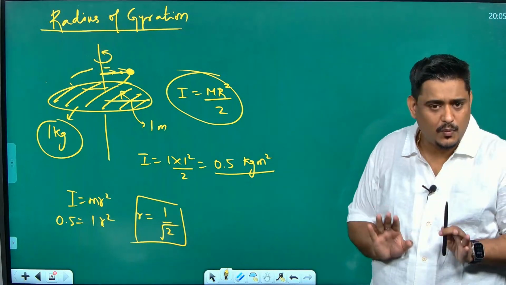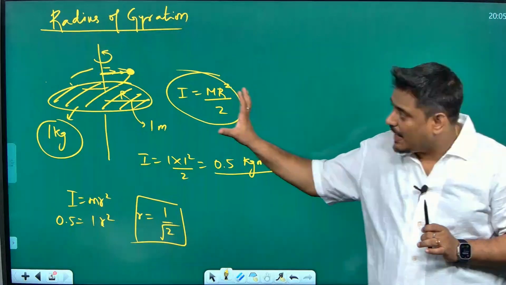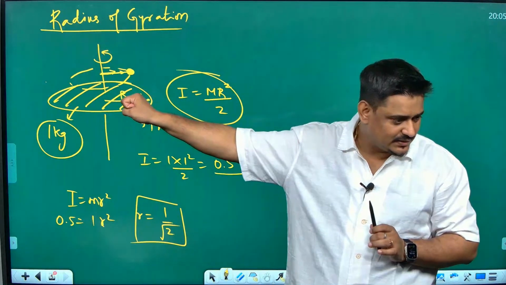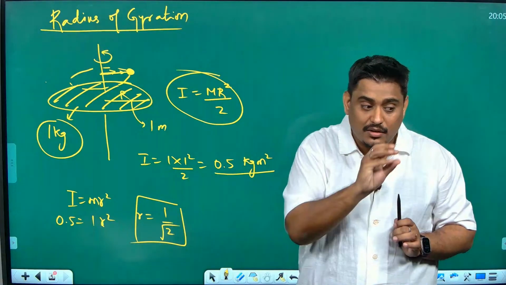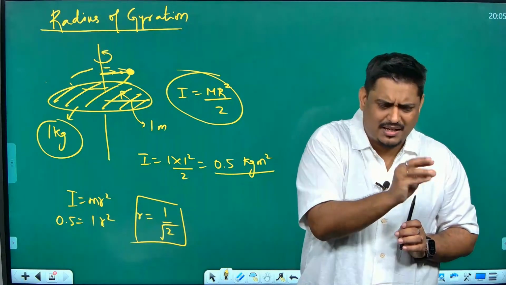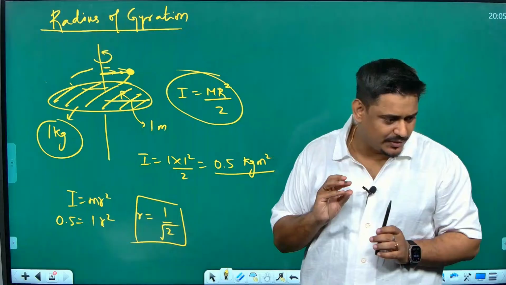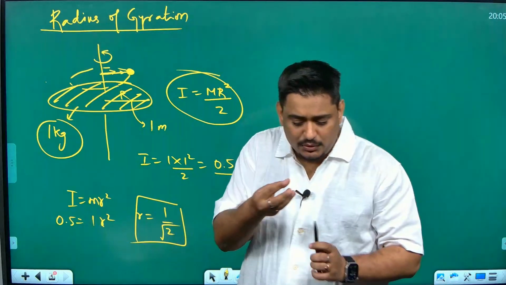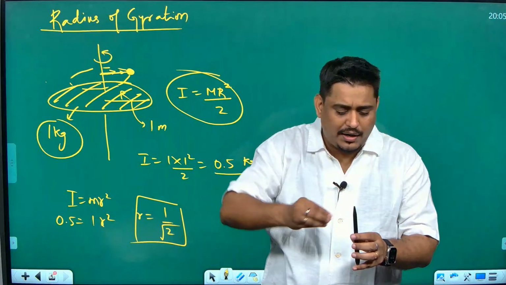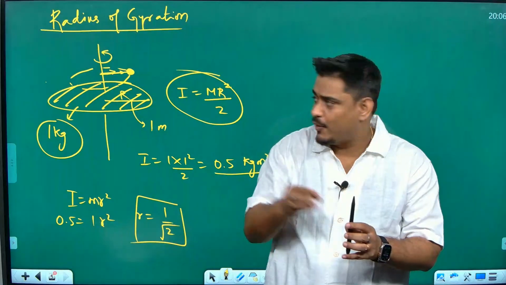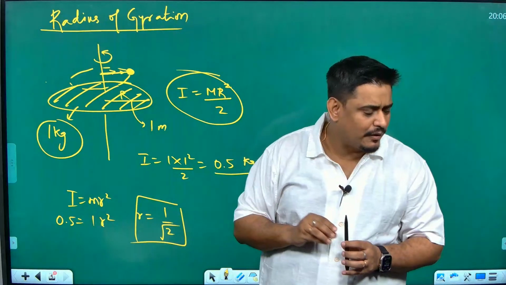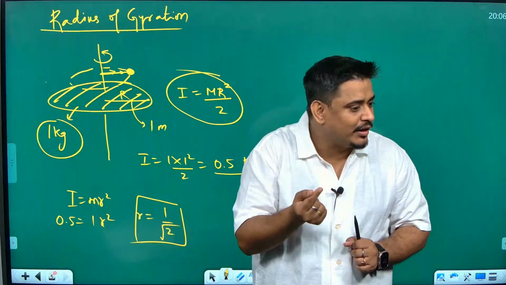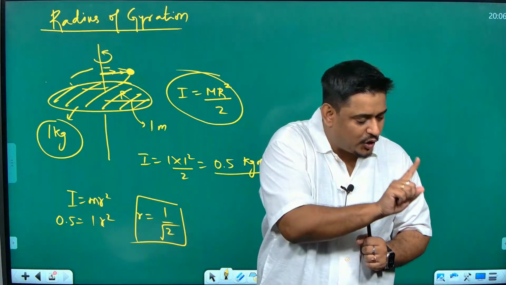Now I crush this disc and make it into a ball of the same mass, 1 kg only. Now I rotate this ball and see: if I rotate at 1 meter, the moment of inertia is 1 into 1 square, which is 1 kilogram meter square.